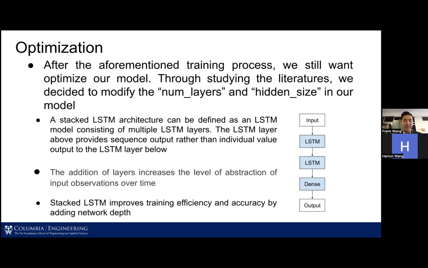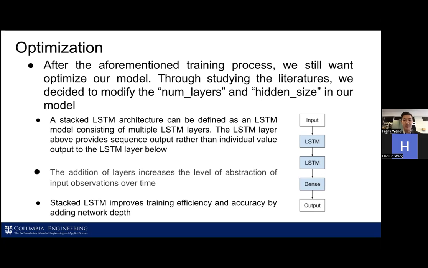Why do this? As the number of layers increases, the level of abstraction of the data over time also increases, which means we can gain higher level abstraction of the input data. A stacked LSTM model also improves training efficiency and accuracy by adding network depth.